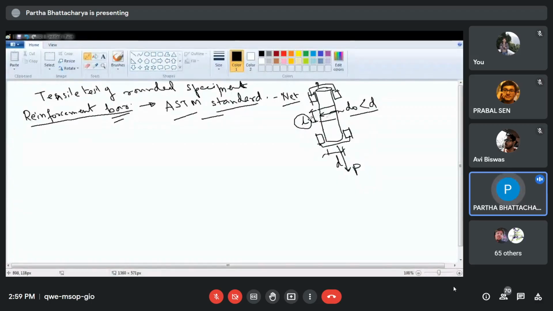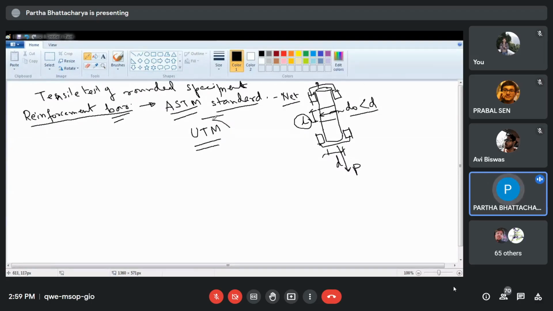So what is the idea? The idea is you have to subject this specimen to some kind of axial loading. This axial loading is applied using a universal testing machine or a UTM machine. All these details you will see when you see the experiment in the video.